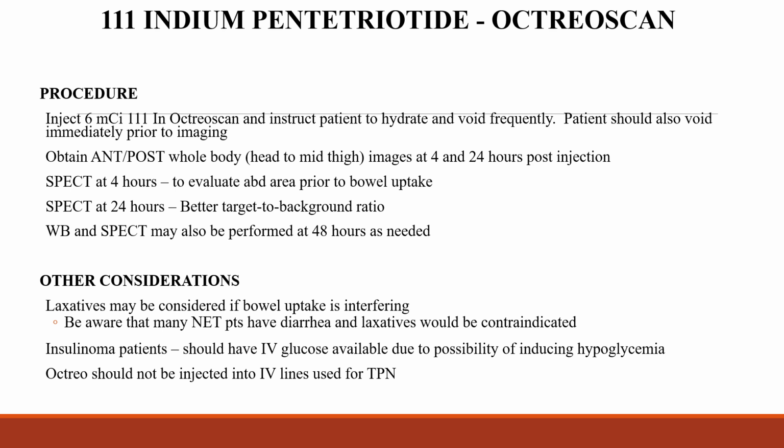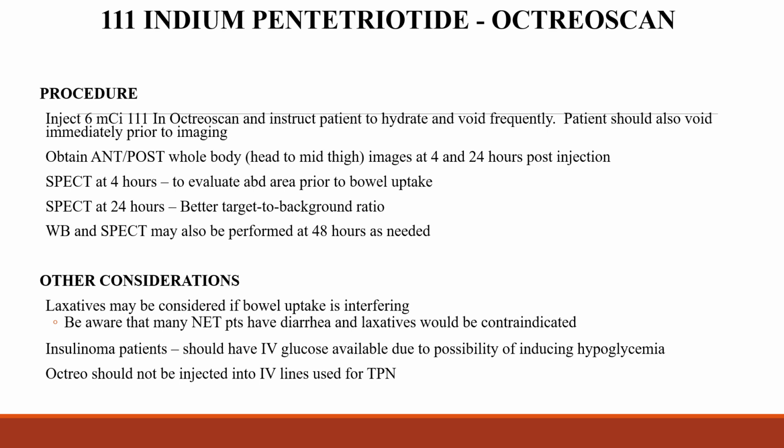All right, so the procedure for that, just review the procedure. They get 6 millicuries, and then you wait. Images are done at 4 and 24 hours. SPECT and SPECT CT are great for that. And then you also will do whole body. Laxatives should be considered if the bowel uptake is interfering, especially with some of those GI neuroendocrine tumors.